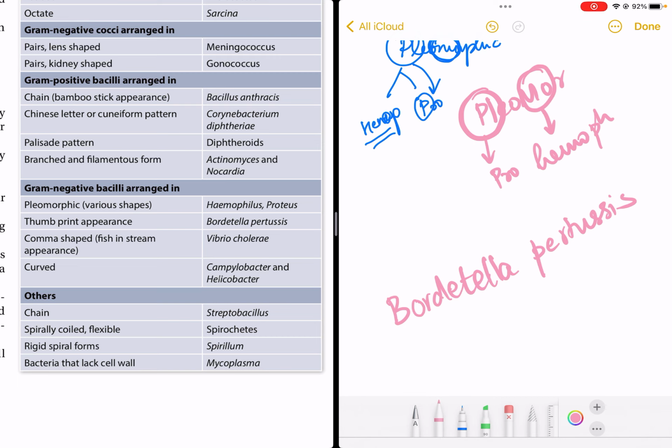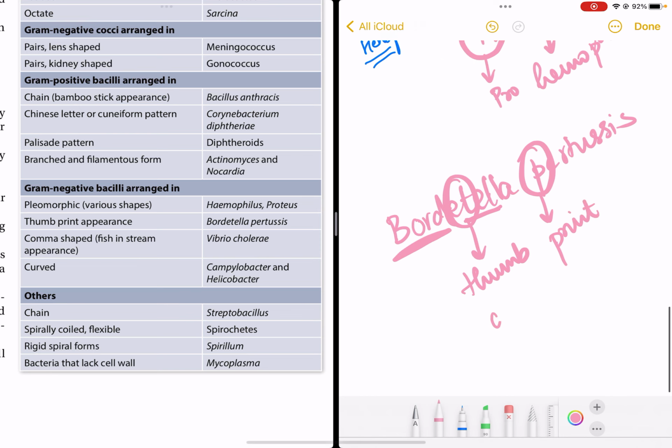So basically on the board, this is for Bordetella. You're telling the person to give thumbprint on board. So board is for Bordetella pertussis.